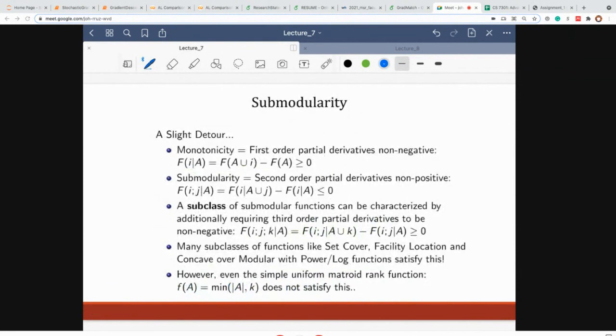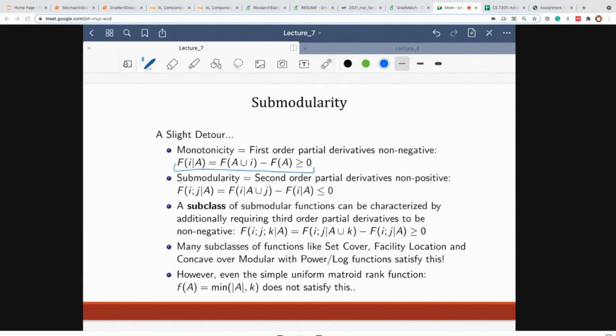Okay, so I think we are almost done. I will talk about the submodularity of the mutual information also. So a slight detour. First order partial derivatives are non-negative. Basically this means that f of i given A, which is f of A union i minus f of A, is greater than or equal to 0 if the function is monotone.